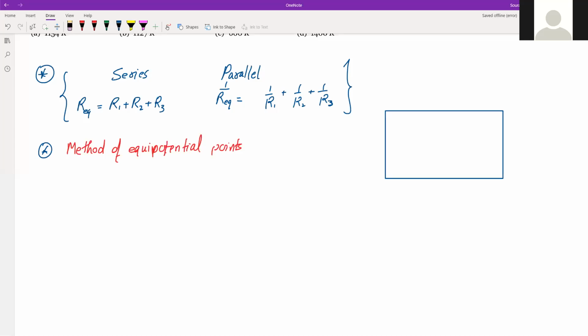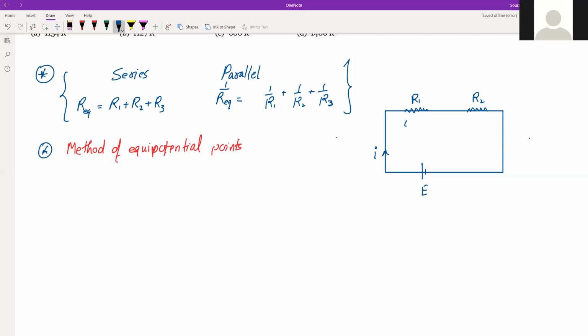Suppose there is this circuit, and in this circuit there are different resistors and cells. Suppose this is one of the resistors R1, this is another resistor R2, and there is a cell here of some EMF E. Now, when the current starts flowing, current will flow from positive to negative direction.